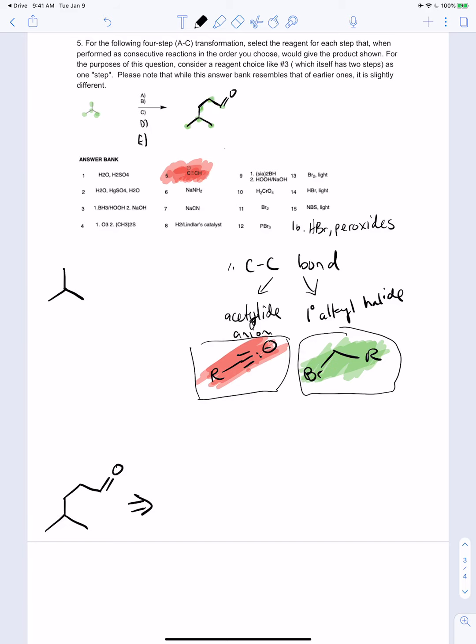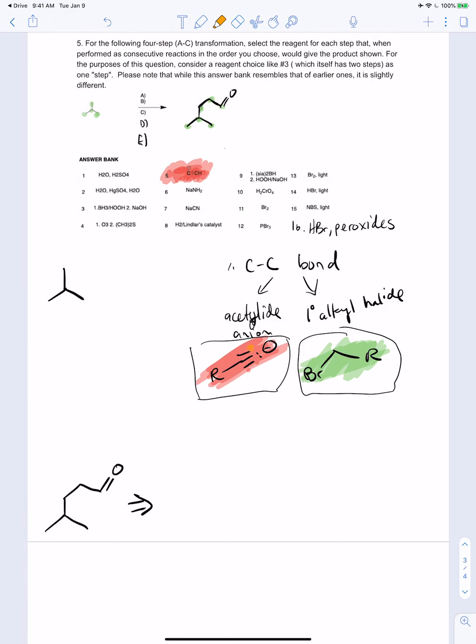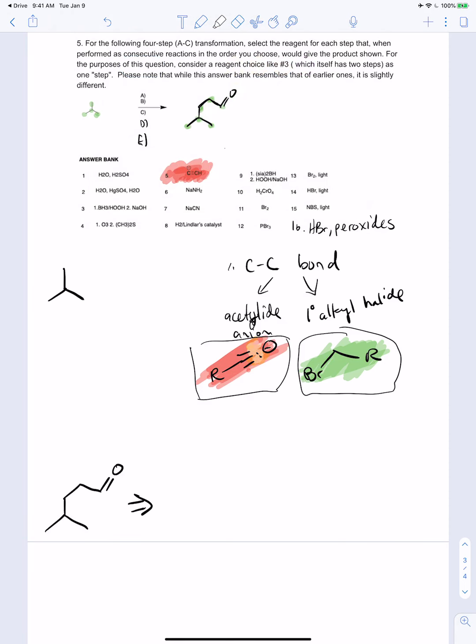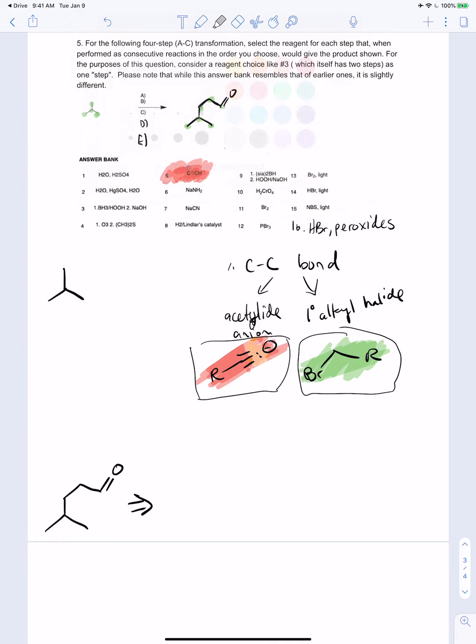So one thing you could do is say, okay, if I'm breaking this thing up, what is it going to look like? Let me use a different color. So we're joining this carbon here to this carbon here.